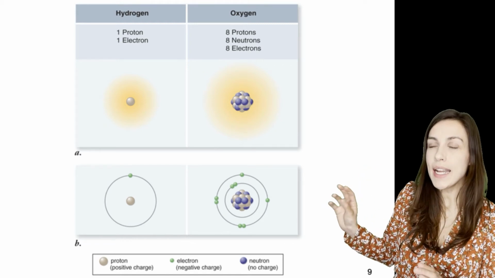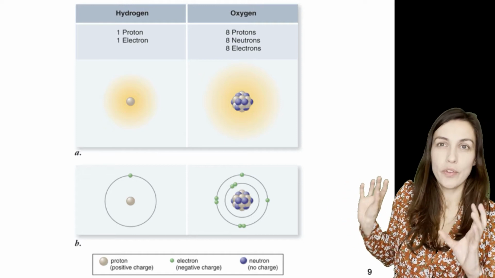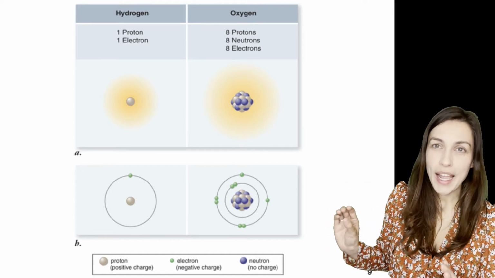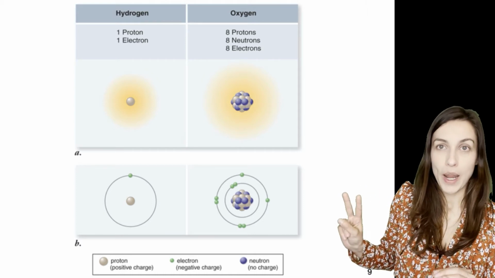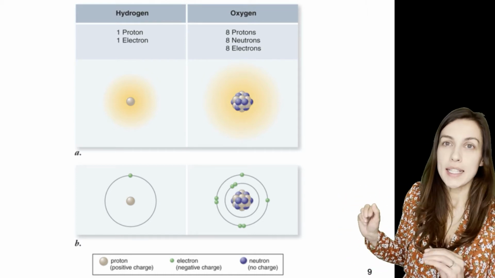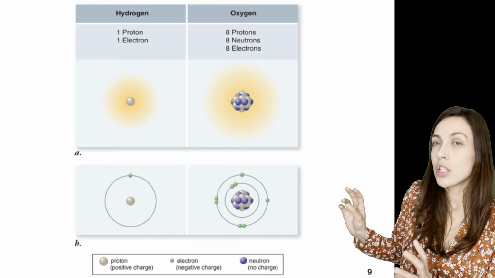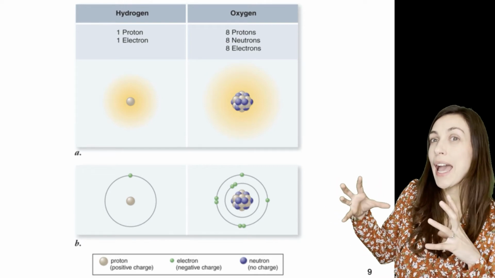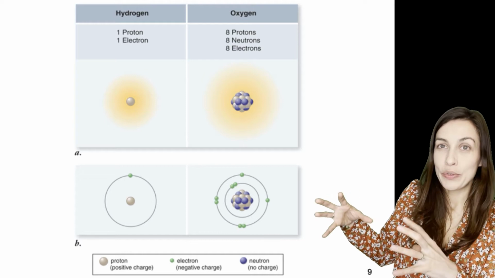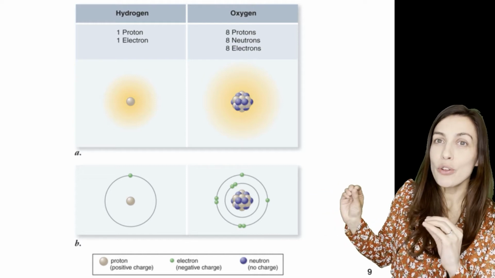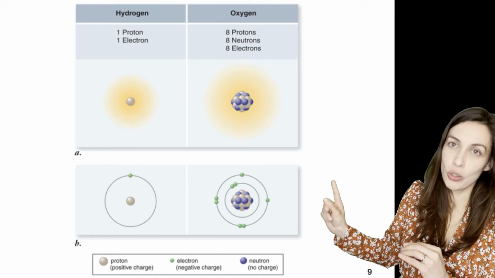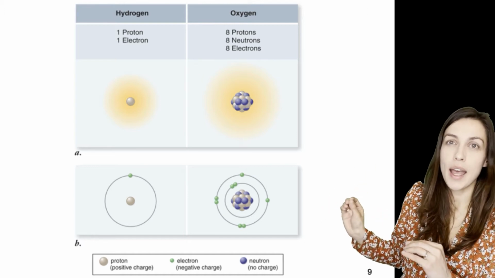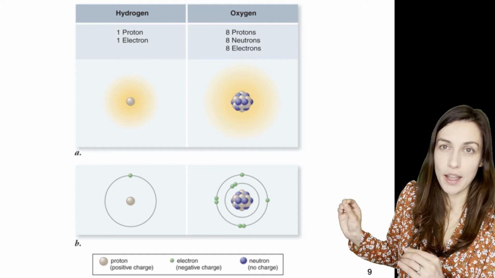This is a nice way to visualize the structure of an atom. It is far from accurate in two main ways. First is that although electrons do exist outside of the nucleus, they do not obediently and predictably circle the nucleus the way that planets circle the sun.